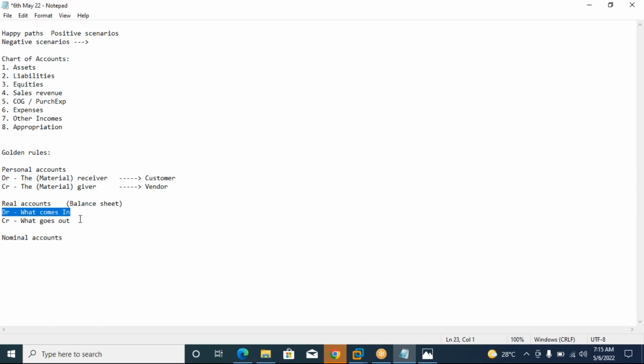Always assets come in, and all liabilities go out. Assets means inventory coming, fixed assets coming, your bank accounts, your money, customers' money, it comes in. Whereas liabilities means bank loans.